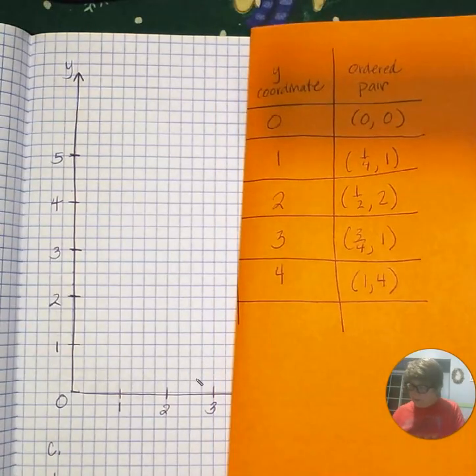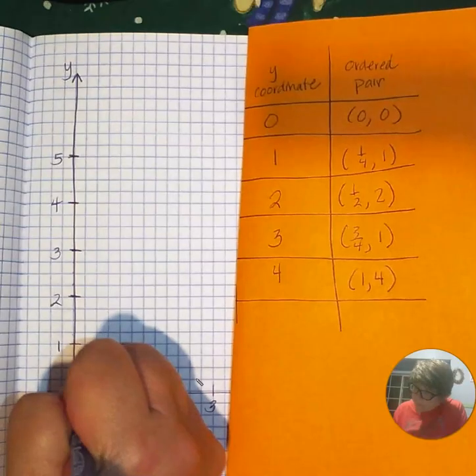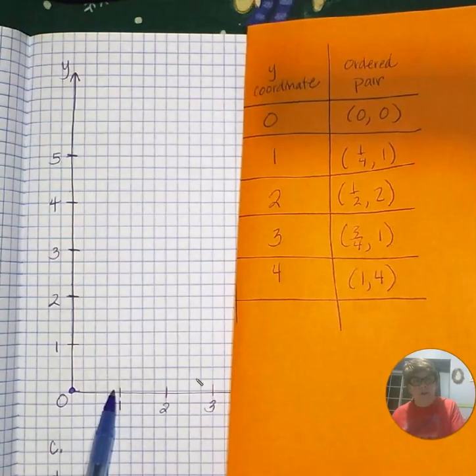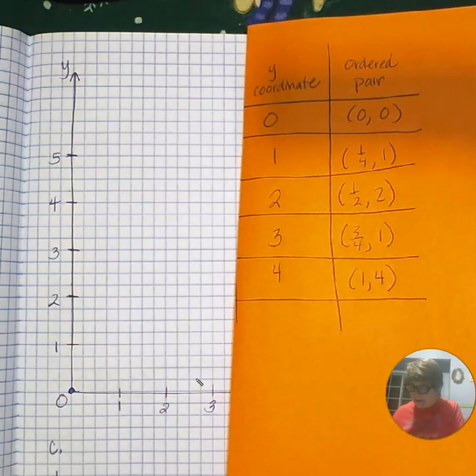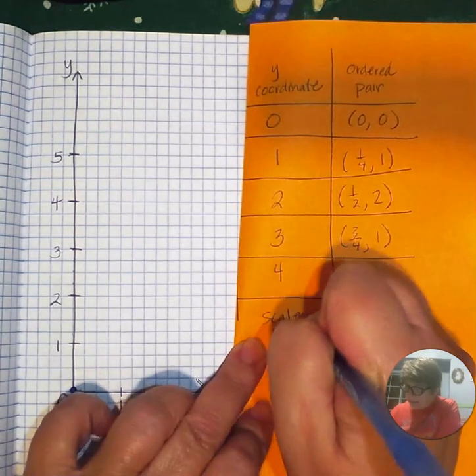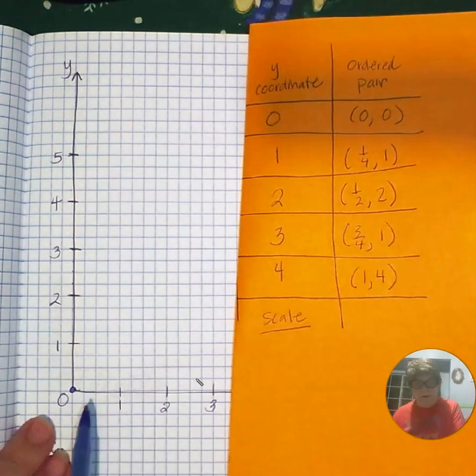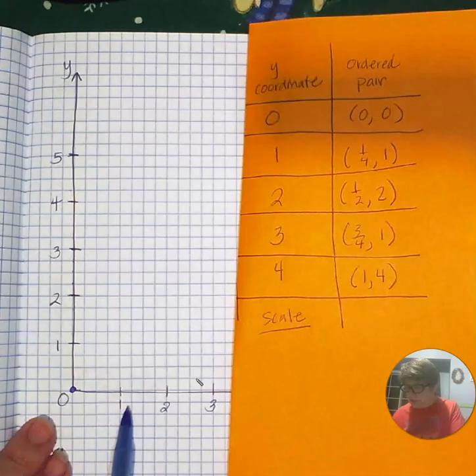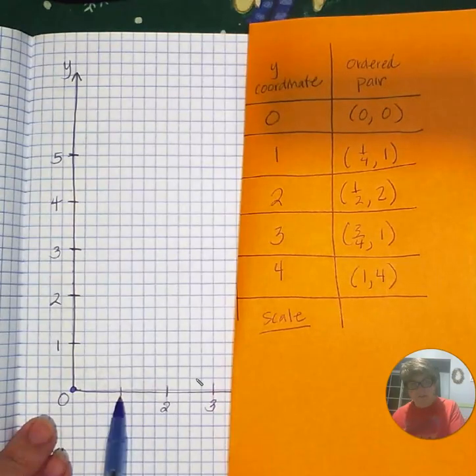All right. Our first one is 0, 0. Our next one is 1/4, 1. Now this one is broken into fractions, so it's always good to check the scale of your ordered pair. Scale is how your coordinate plane is, where your tick marks are and what fraction you have before that, right? How it's broken down.